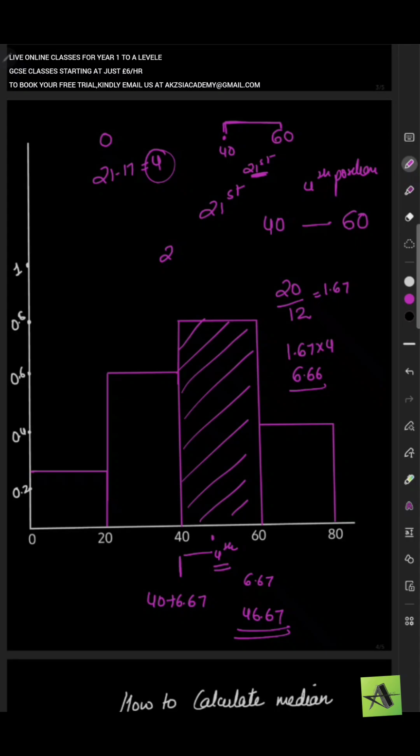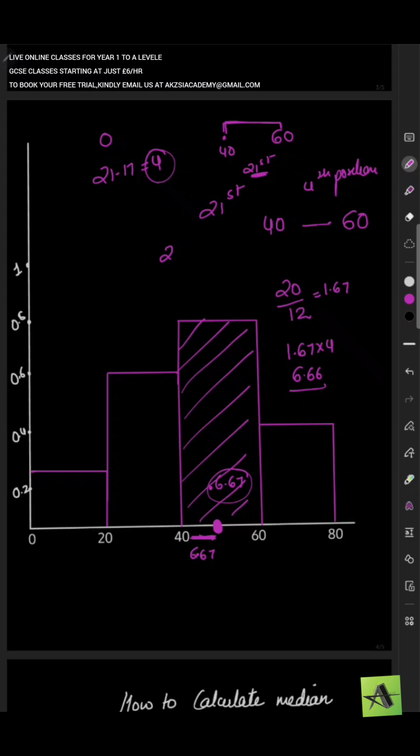That's your median. I'm again saying, in between 40 to 60, 6.67, this is somewhere 6.6. Here, your median is lying. So in short, the distance, if it would be easier to understand, our median is 6.67 away from 40.